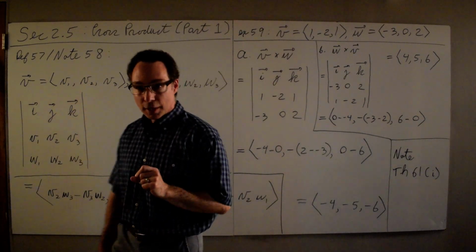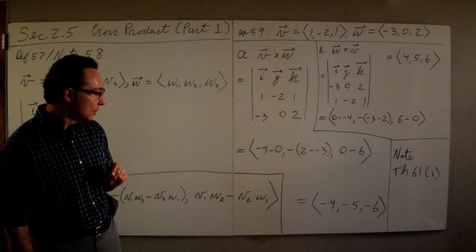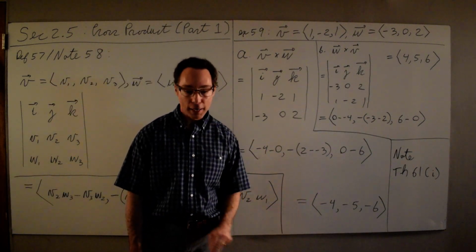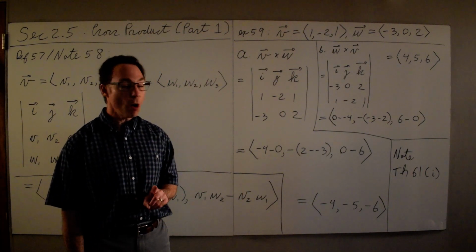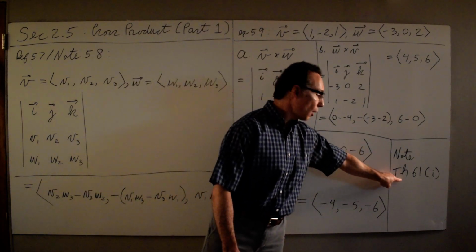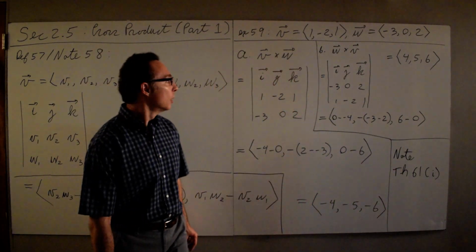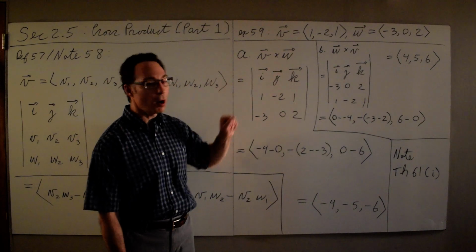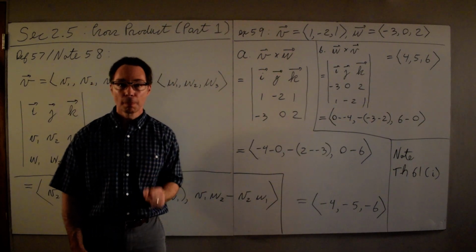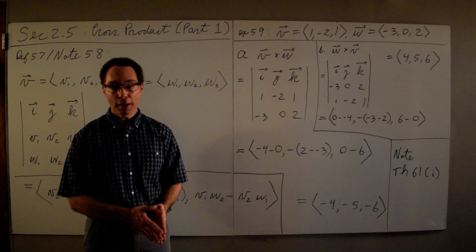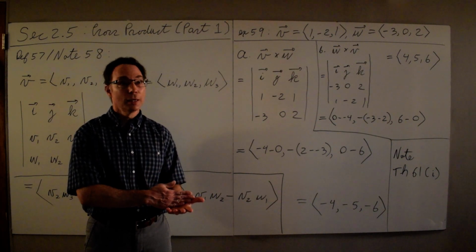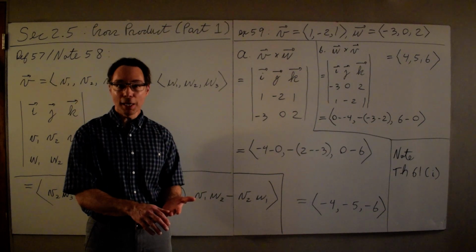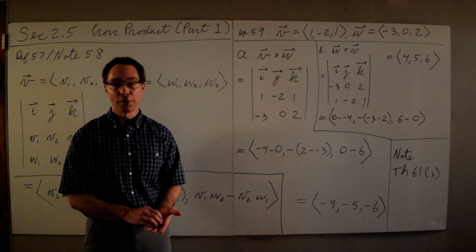You'll notice that that's the exact opposite of the vector from part A. And Theorem 61, part 1, tells us that that always happens. When you switch the order of the cross product, you switch the sign. Some operations in mathematics are commutative. That means that A operated with B and B operated with A are the same.